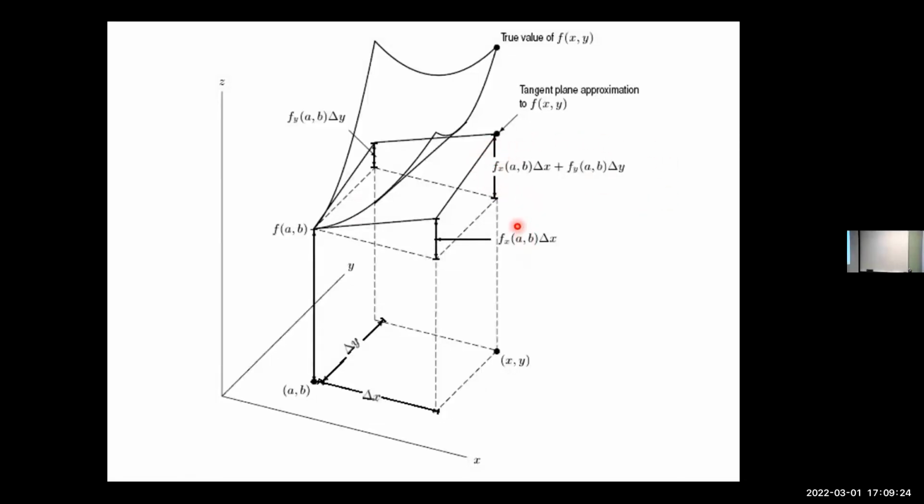In fact, all we have to do is add f of (a, b) to this differential, and we have our tangent plane. So the differential accounts for the change. You add the point you were looking for the tangent plane at, and that's what makes it the tangent plane.